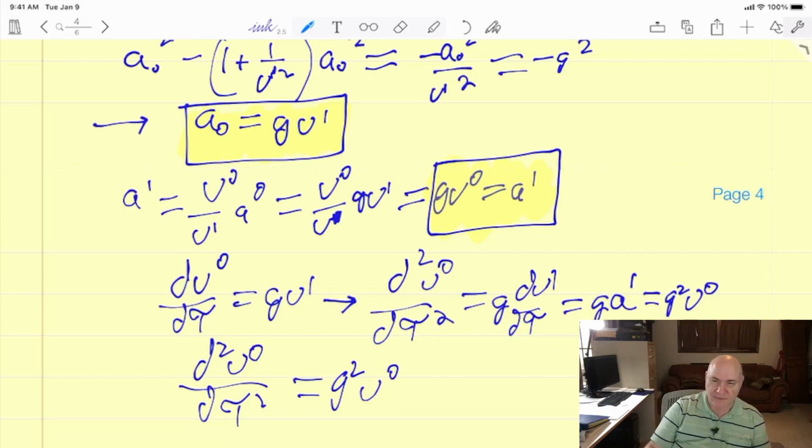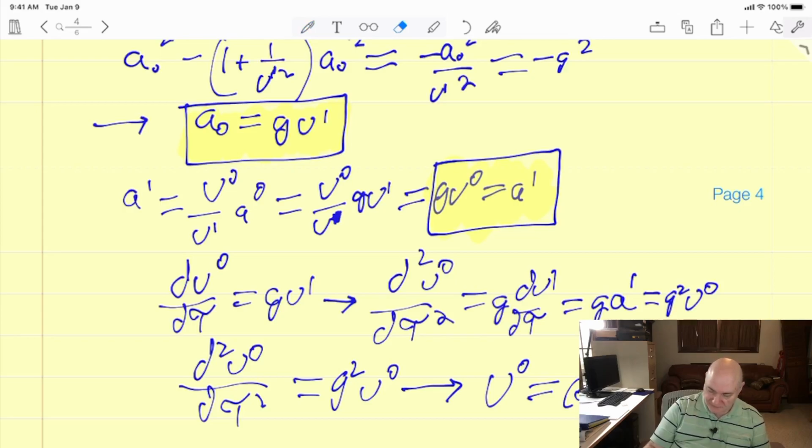Now this is a very simple differential equation. You can solve it with exponentials. It's easy if we go directly with the hyperbolic. We'll solve with the initial conditions. So when you solve this, u0 equals hyperbolic cosine g tau. Let's make sure we satisfy all of our initial conditions.